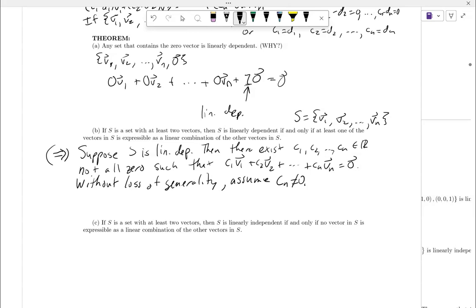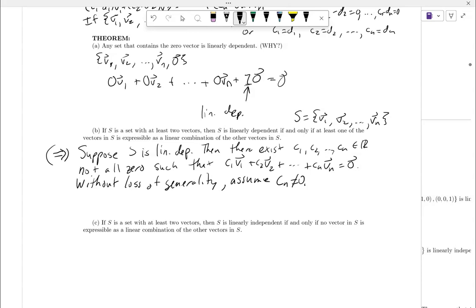At least one of them has to be not zero. So I'm going to assume that Cn isn't. If Cn happened to be zero, then reorder your vectors. Just rename them. That's what without loss of generality means in math: I've named them V1 out to Vn, but it really doesn't matter which one's the first one, which one's the second one, and so on. So I'm arbitrarily saying the last one has the non-zero constant.